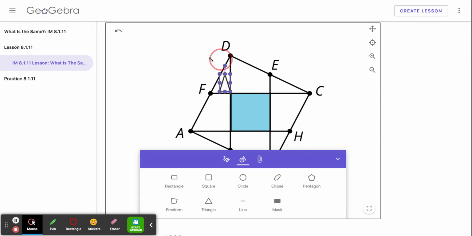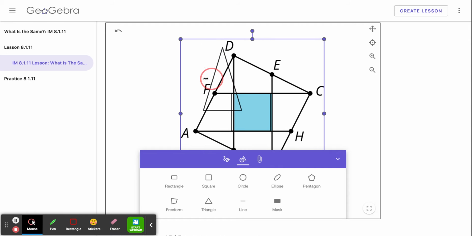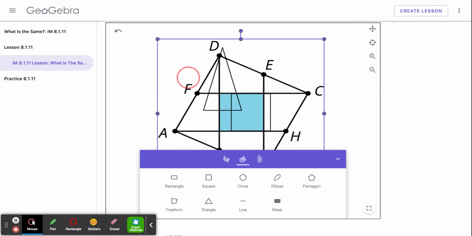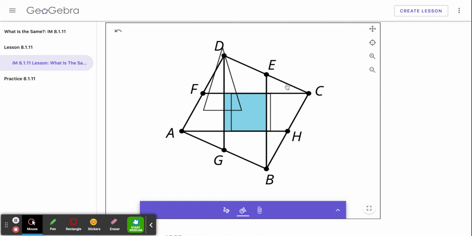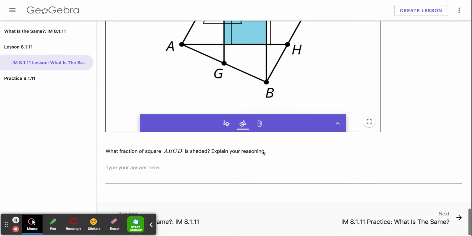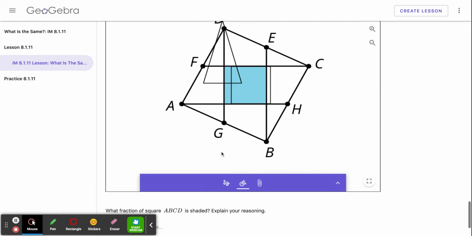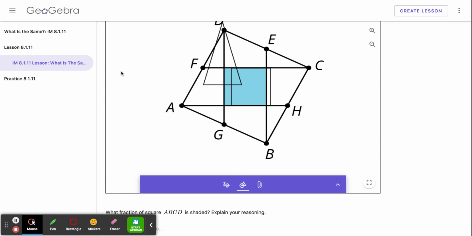And you can adjust the way that the triangle is drawn, I believe, by playing with the sides. And your job is to determine what fraction of this entire shape is shaded. Go ahead and tell me your reasoning here. And this is the last activity you need to complete on 8.1.11.